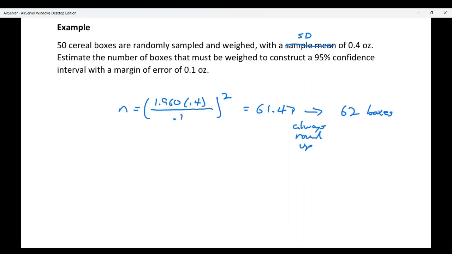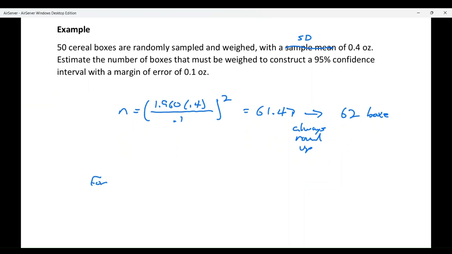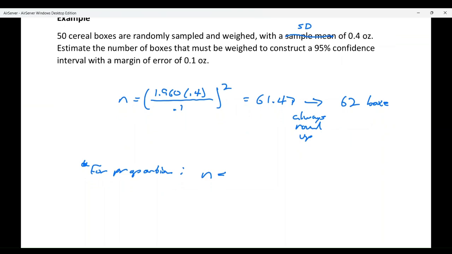Now, just real quickly then, for a proportion, if we were to solve that formula for n, I'll just jump right to the formula here. So n would be p hat times 1 minus p hat times z star divided by the margin of error, squared.